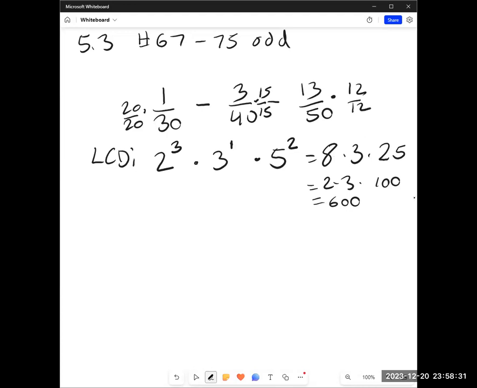So this is going to be 20 minus 45 minus 13 times 12 is 156 over 600.